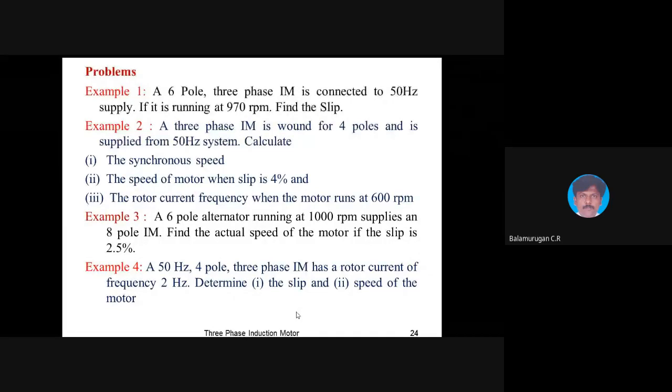And here, for the first problem, you substitute pole as 6 and find the Ns value. Then you substitute the Ns value here, 970 divided by Ns into 100, then you will get the slip as 3%.